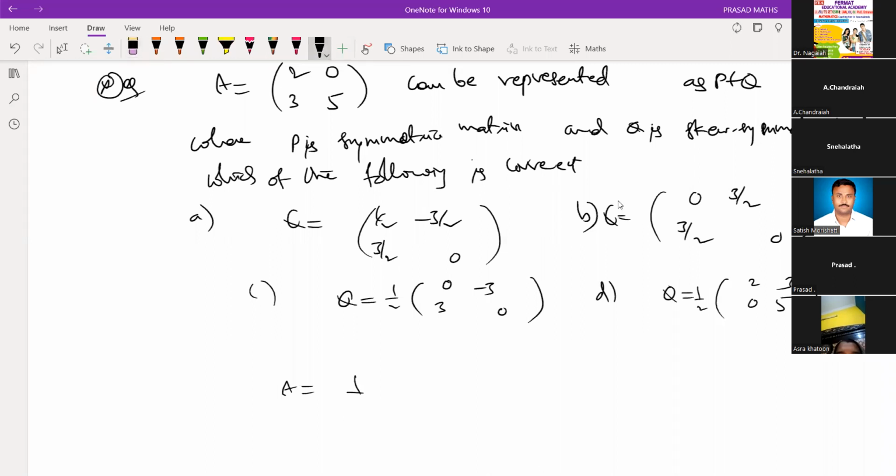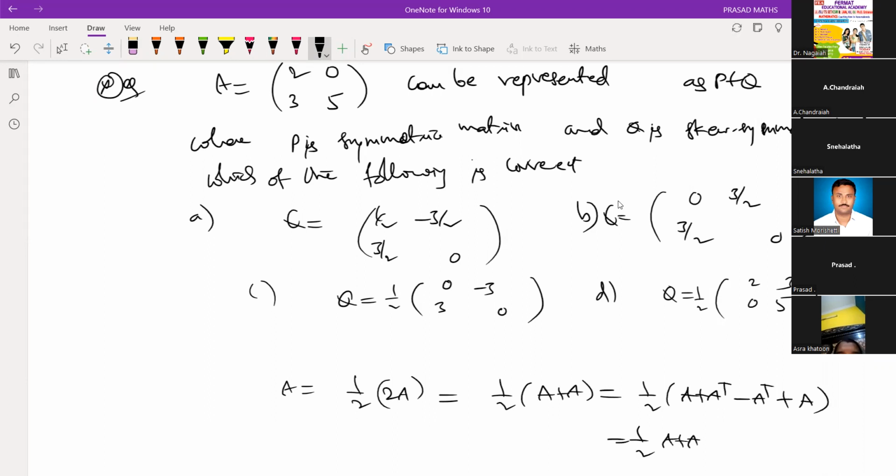So A can be written as half into 2A, which is half of A plus A, and by adding and subtracting A transpose, this can be written as half of A plus A transpose plus half of A minus A transpose.